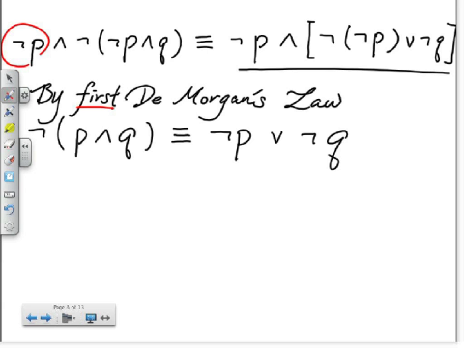Over here, by first De Morgan's law, it states that not (P and Q) is equivalent to not P or not Q. Now, how are we going to switch it back to not P and not Q?